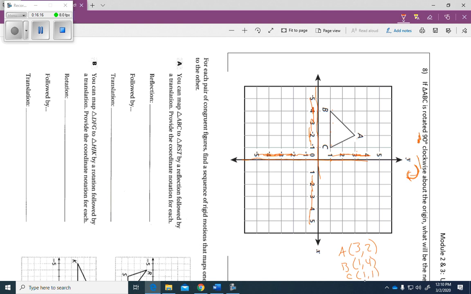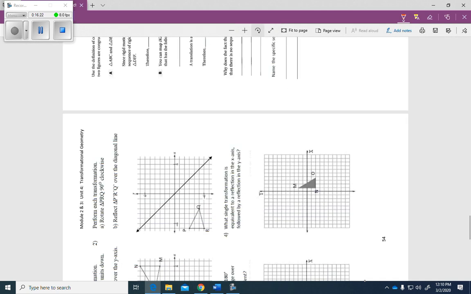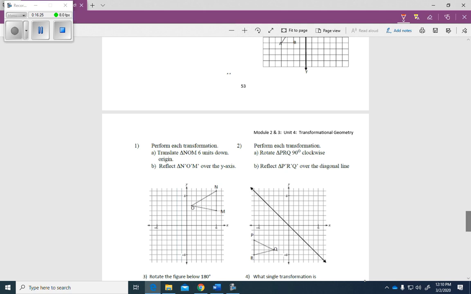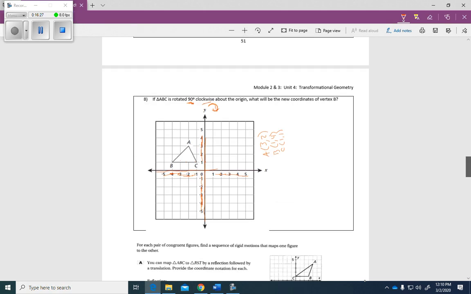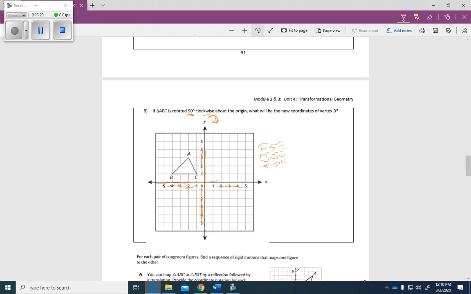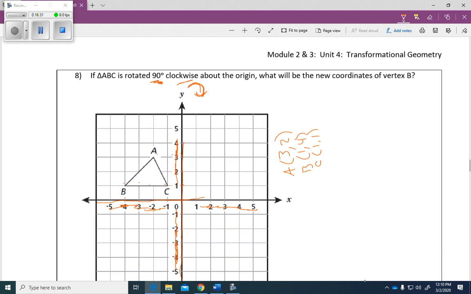So I just pretended I was holding my paper like normal. Now I will put it back to normal. And I will plot those points I just wrote down. I will plot 3, 2, and call it A prime.